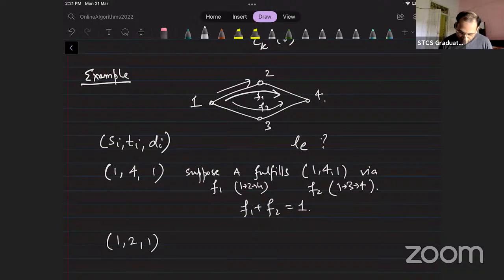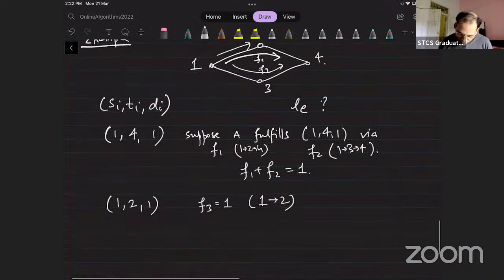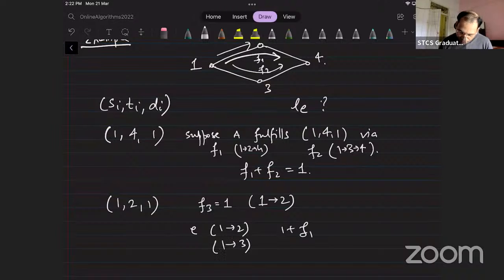So A has to put f3 equal to 1 over edge 1 to 2. How much is the total flow now over 1 to 2? 1 plus f1. And over 1 to 3 is simply f2.